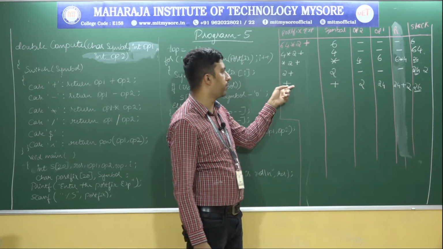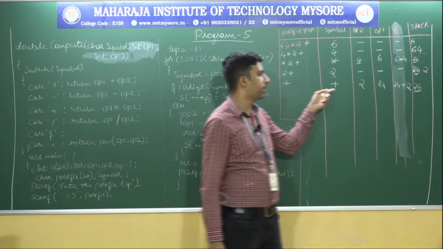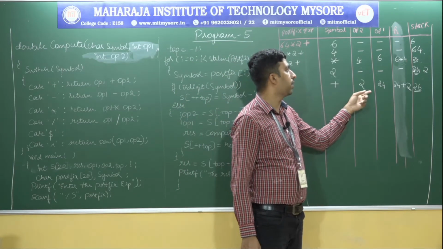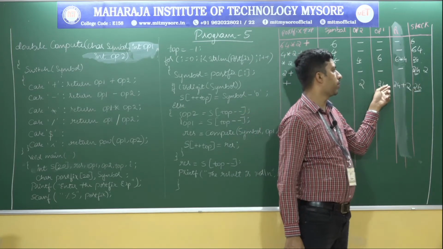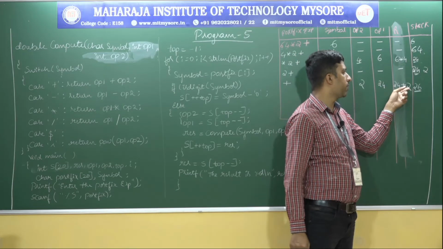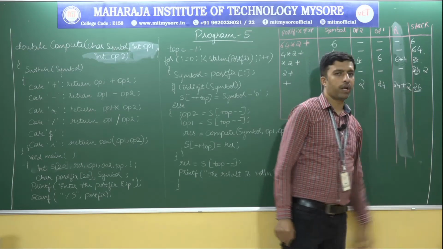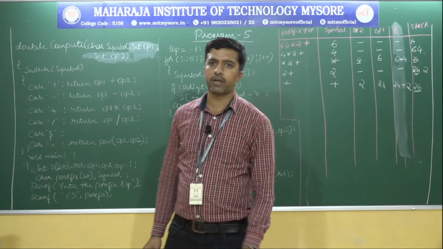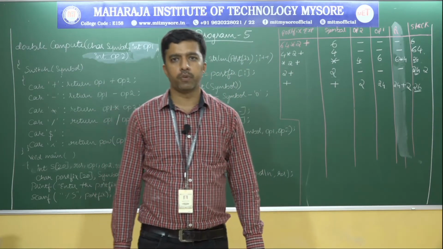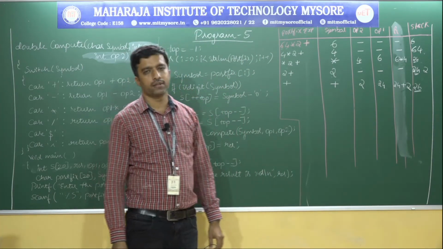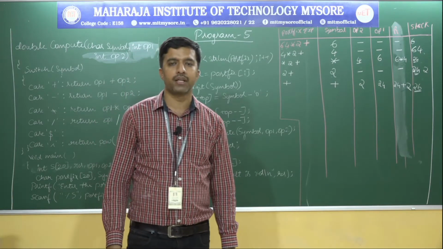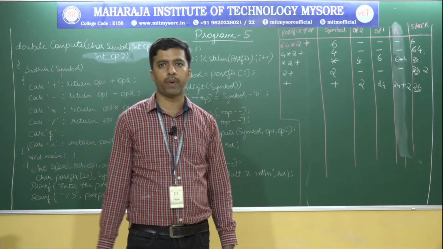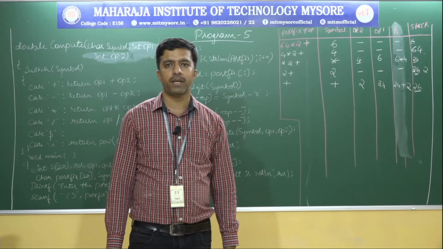When plus is encountered, the first popped out element is 2 and the second popped out element is 24. Perform the operation 24 plus 2, and the result will be pushed back to the stack. The result left at the stack is the final result, which we pop out and say, this is my result.